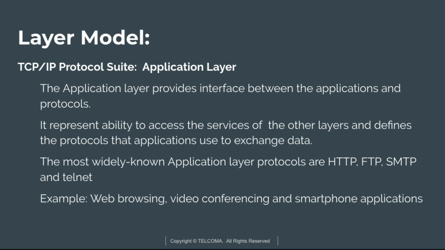The Hypertext Transfer Protocol, HTTP, is used to transfer files that make up web pages, whereas the File Transfer Protocol, FTP, is used for file transfer. SMTP, the Simple Mail Transfer Protocol, is used for the transfer of mail messages and attachments. And Telnet, a terminal emulation protocol, is used for logging on remotely to network hosts. Examples of the application layer are web browsing, video conferencing, and smartphone applications.